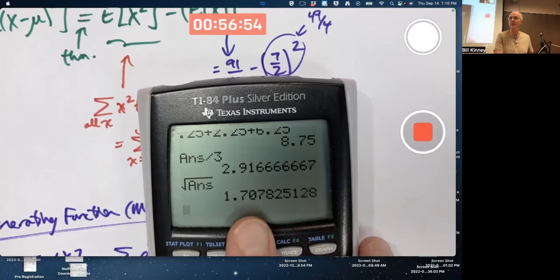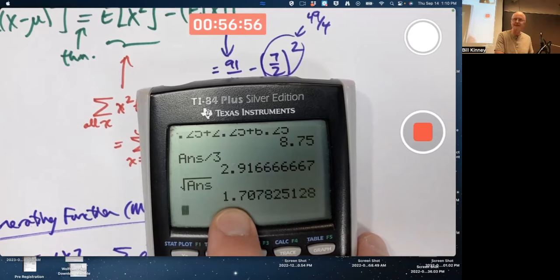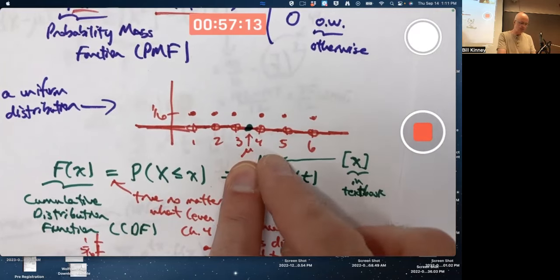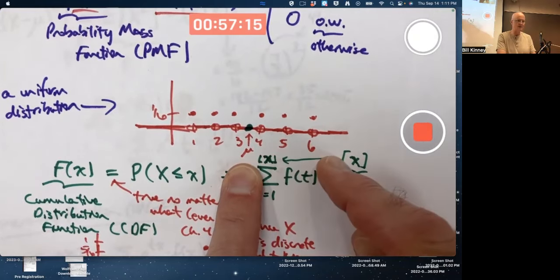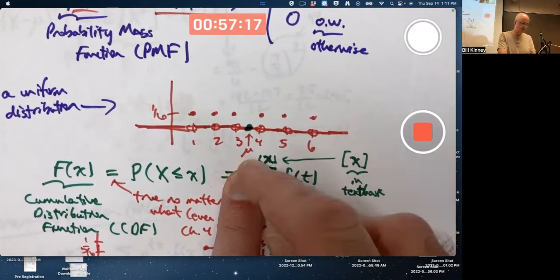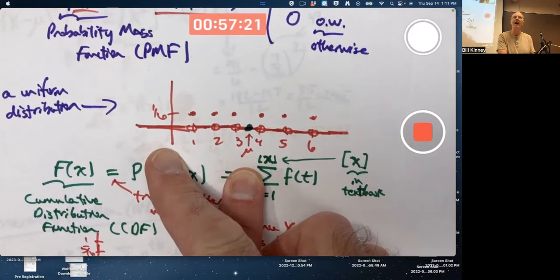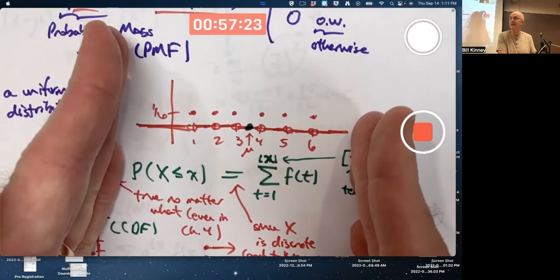So if the mean is 3.5 and the standard deviation is 1.7, 2 standard deviations would be 3.4. Almost all the probability for our example will be within a distance of 3.4 of 3.5. There's 3.5. 3.4 units to the right would be almost to 7. 3.4 units to the left would be almost to 0. Yeah, 100% of the probability.